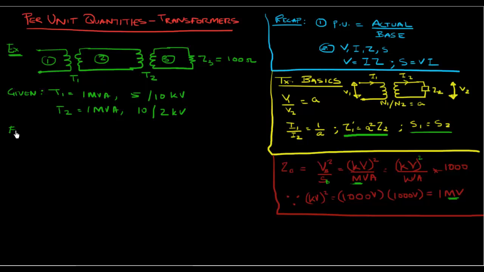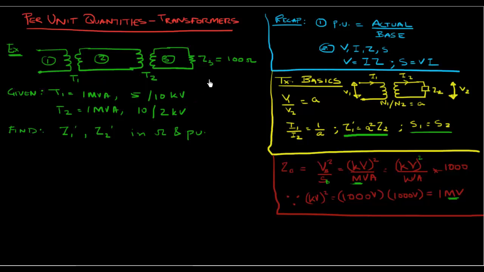And we are asked to find what Z1 prime would be and what Z2 prime would be in ohms and in per unit. Now remember Z1 prime and Z2 prime, what they are.